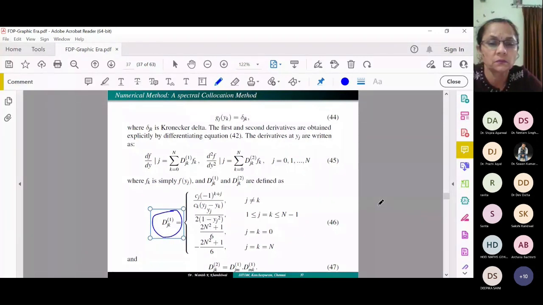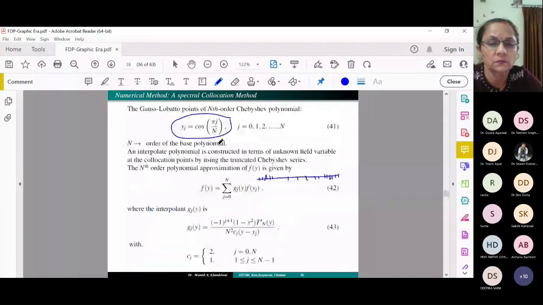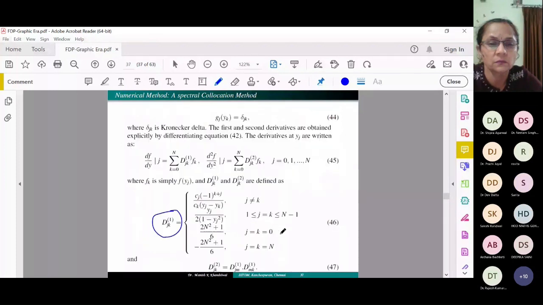If you are not able to understand the theory of the Gauss-Lobatto and Chebyshev collocation method, you may concentrate on this derivative property: we have to replace a derivative by this matrix. When we convert to this form, it is an n cross n matrix. If there are n collocation points, then the matrix will be n plus 1 by n plus 1. So we have to replace a derivative by this differentiation matrix.